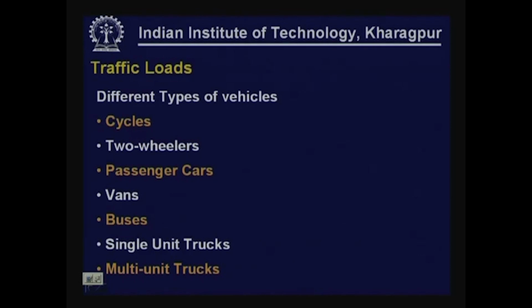We have vans of different sizes and shapes, buses, different types of trucks, single unit trucks, multi unit trucks. So, we have various types of vehicles that ply on roads or highways. We have to consider which one of these vehicles are important for pavement design, and which specific parameters need to be considered as inputs for pavement design.